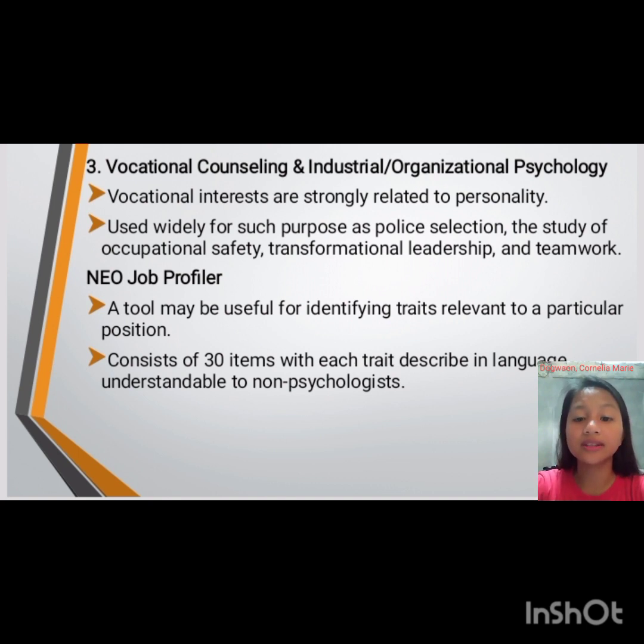Vocational counseling is a set of services designed to develop the skills and ability to practice a vocation in a productive way. Ito yung kaya nabanggit sa police selection because it is under the vocational counseling wherein before ka maging police, magtre-train ka muna.